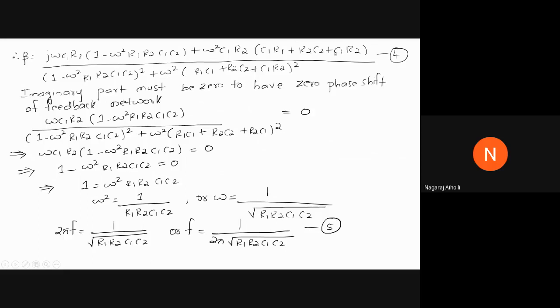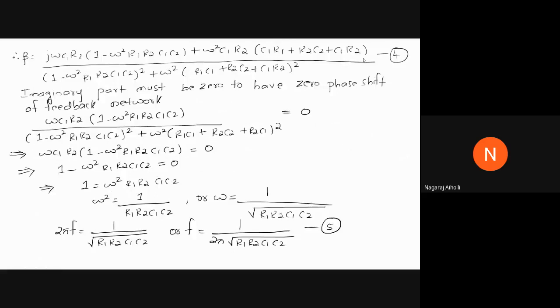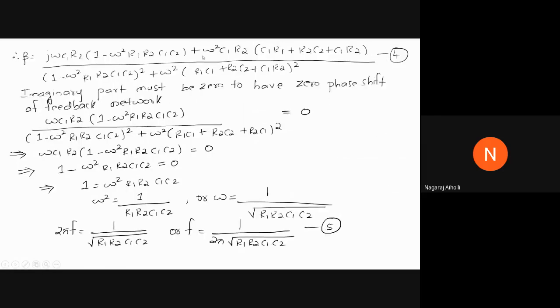Then plus omega square c1 r2 in the third term, r1 r2 c1 will remain, so it is r2 c1 that will remain. That is divided by 1 minus omega square r1 r2 c1 c2 the whole square plus omega square into r1 c1 plus r2 c2 plus c1 r2 the whole square. The same denominator. Take it as equation number 4.